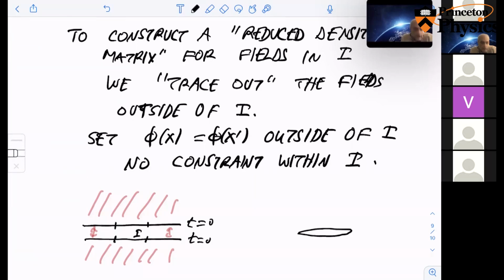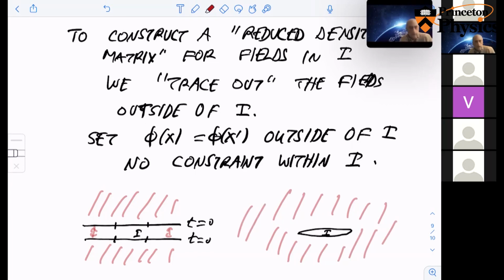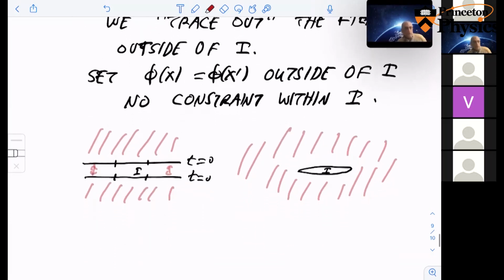Only region I will be doubled, since outside of region I, we glue everything together. And now the picture looks just like this one.